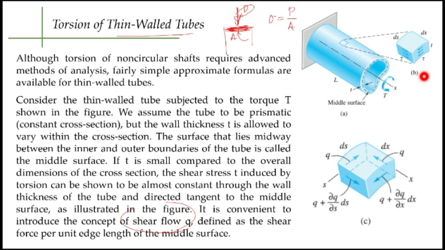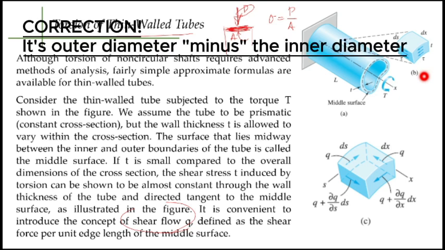Since, because of the small thickness of our thin-walled tube, it is assumed that the shear stress in that small thickness is equal. So therefore, the shear stress acts at the median line or the middle surface of our thickness, which is just the difference divided by 2 of our outer and inner boundaries.